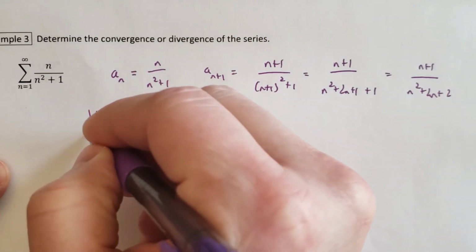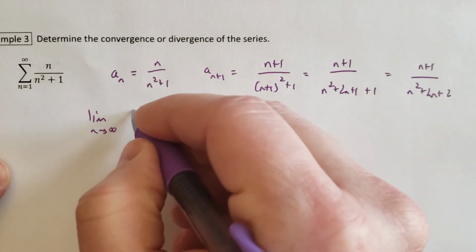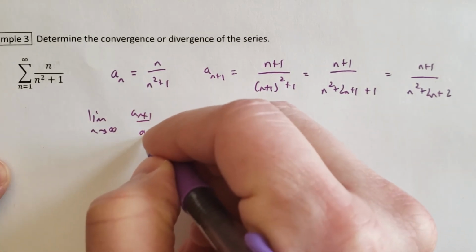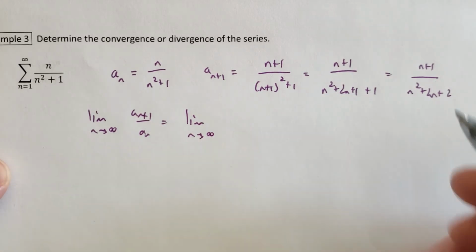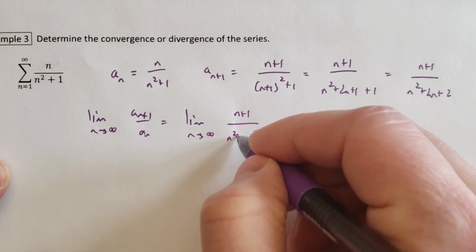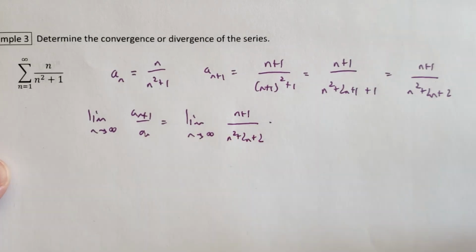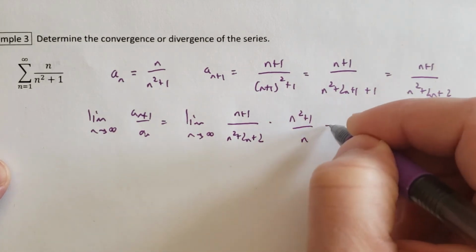So we do the limit as n goes to infinity, a sub n plus 1 over a sub n. So that's the limit as n goes to infinity, n plus 1 over n squared plus 2n plus 2 times the reciprocal of a sub n, n squared plus 1 over n.